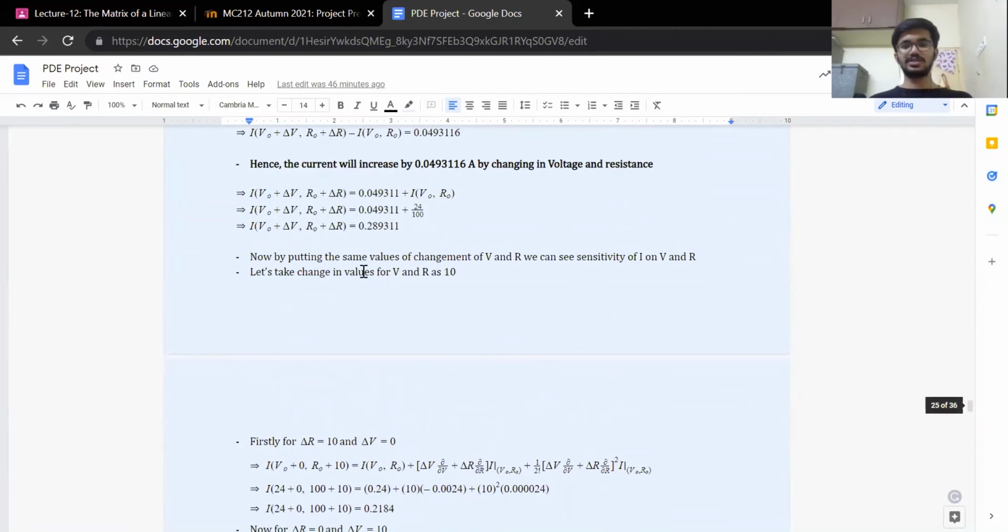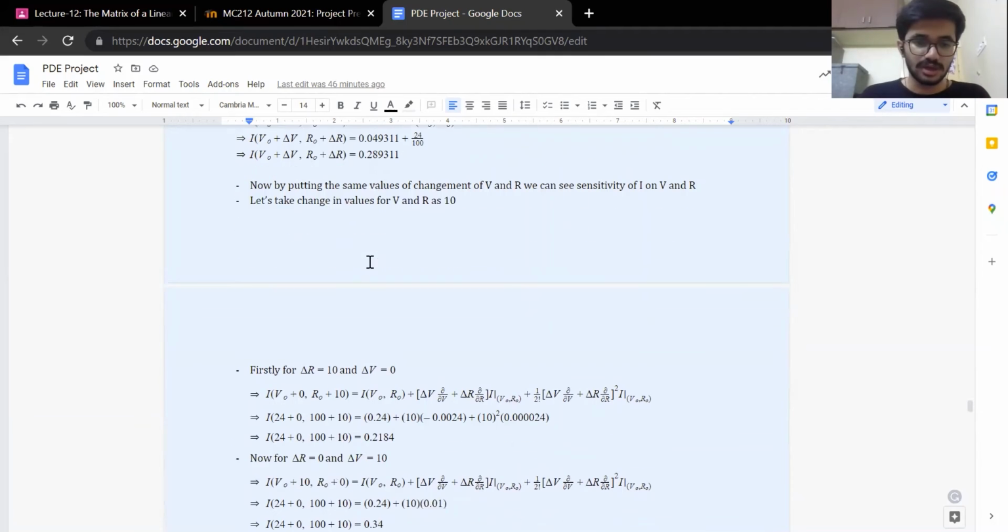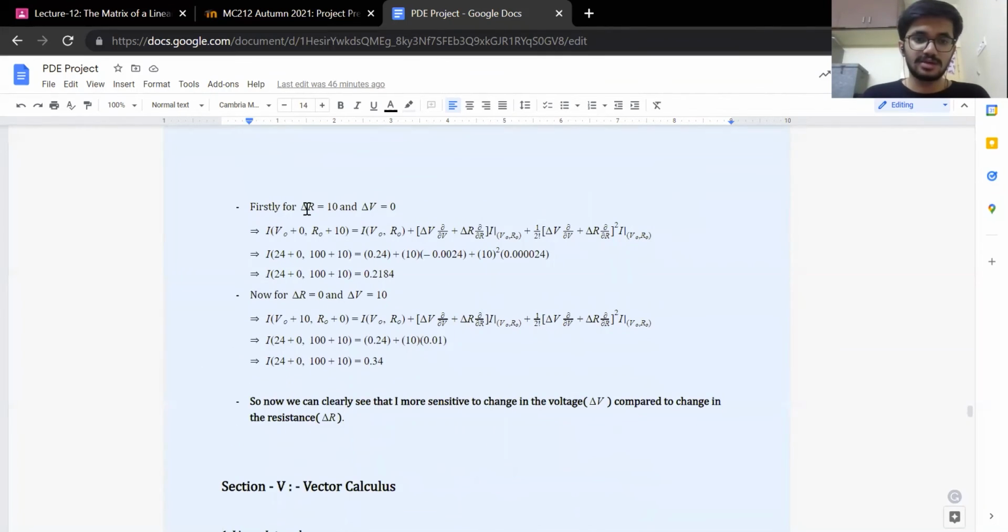Here also we need to find the sensitivity. So with the same procedure, I take the changes in voltage and resistance as 10 each, increasing both. Firstly I do the change in R, and I obtained that I increases by 0.2184.